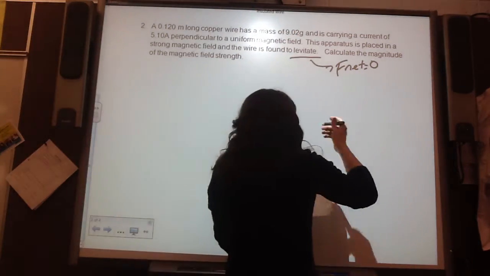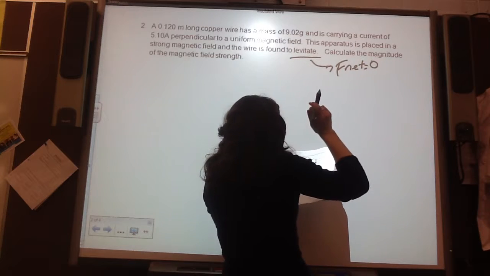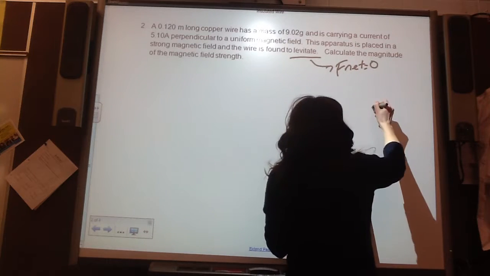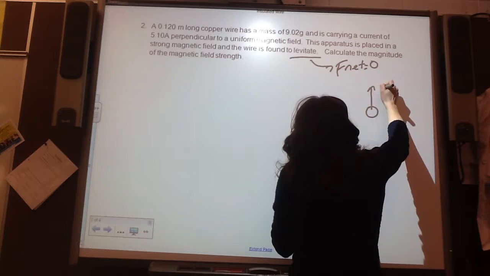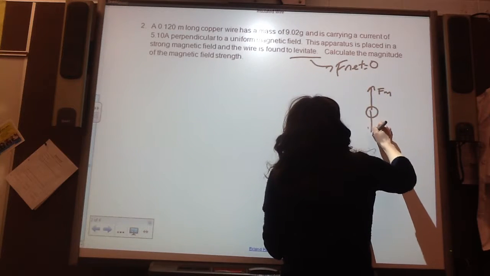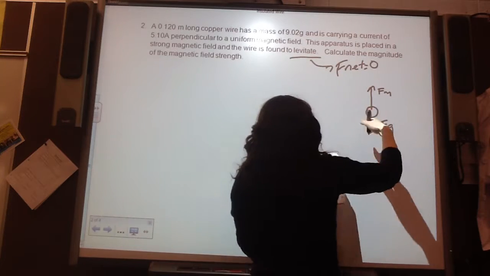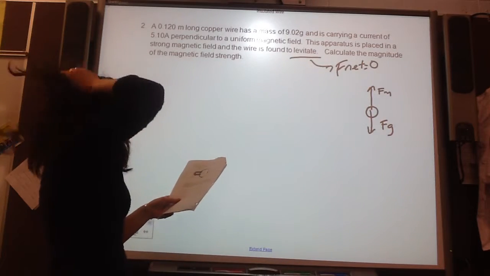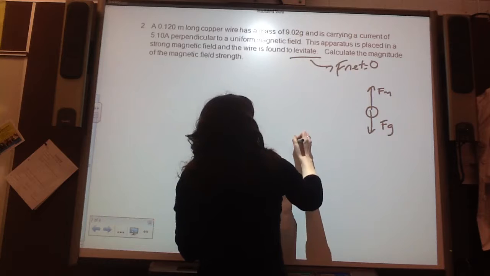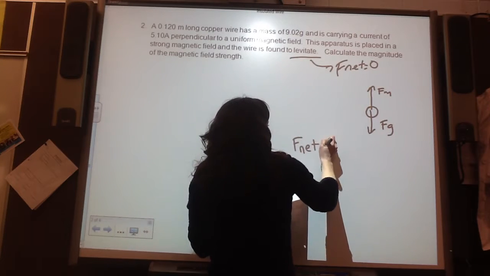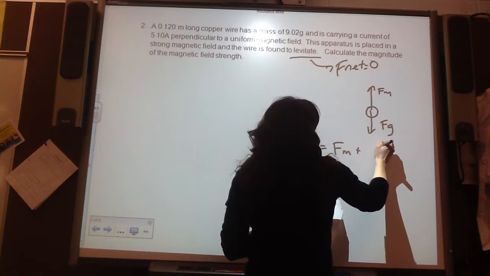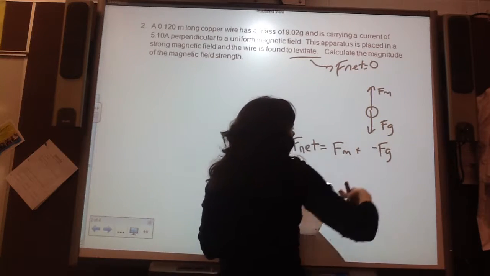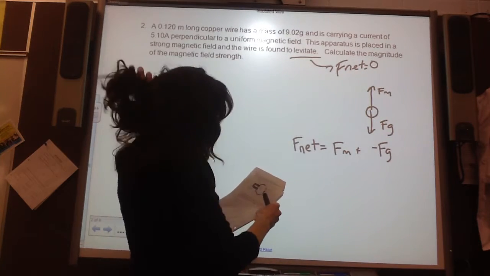So the way that I did this is, if we have our current here, and it's experiencing a magnetic field and gravitational force, these together will equal F net equals 0. So if I draw this, F net is equal to Fm plus negative Fg because it's the opposite in vector direction.